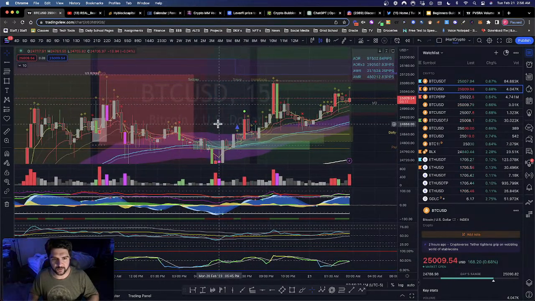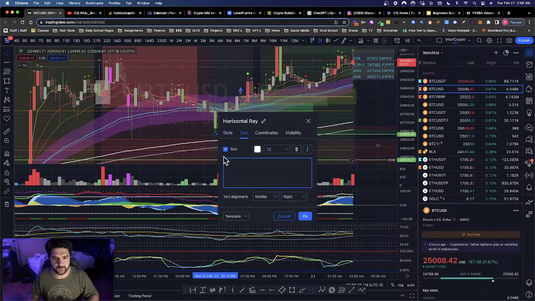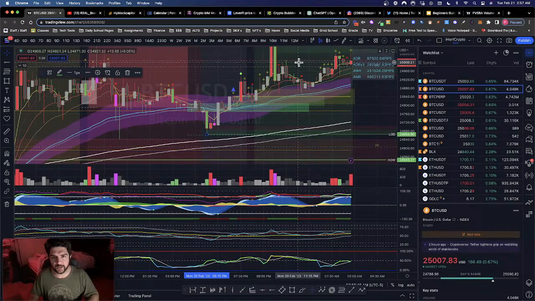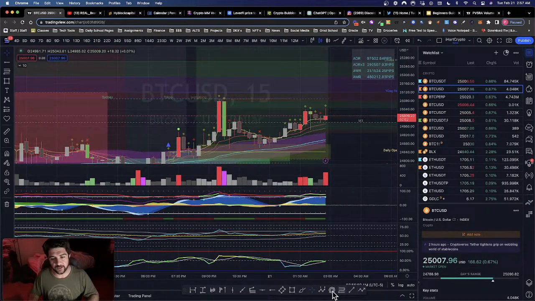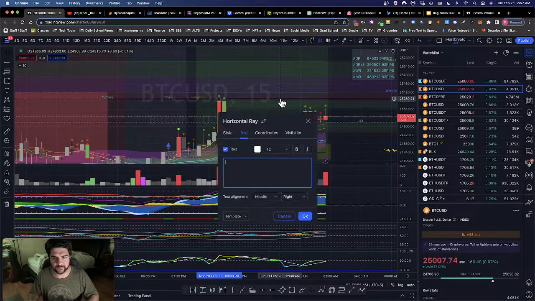Asian session. The Asian low was here, the low of the day, the LOD. And the high of the day, actually set pretty high. Right now would actually probably be the time to trade.